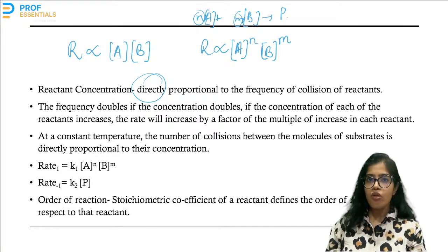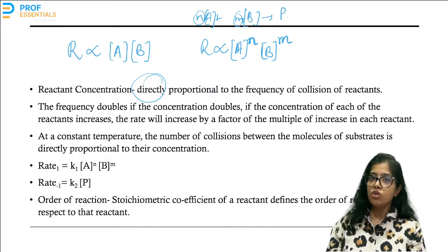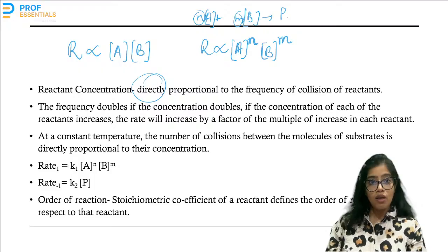So the rate of this reaction is going to be a factor of their stoichiometric indices. Suppose one molecule of A is combining with two molecules of B to produce the product, then rate will be directly proportional to A to the power 1 and B to the power 2. Got it? Understood?